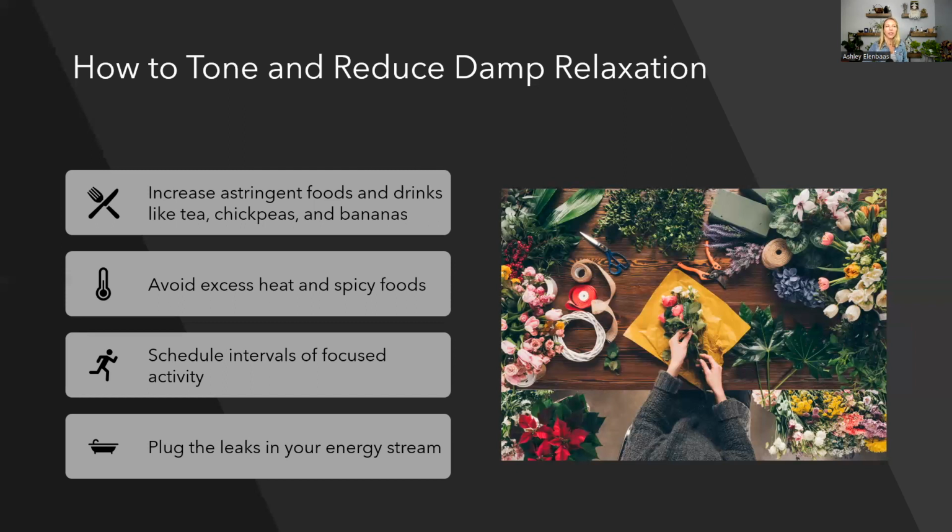So for damp relaxation, this is also kind of a vata type of predicament where there is just a lot of energy flowing, a lot of leakiness. I also think of this as sort of like a Pisces place too. Pisces can often fall into both damp relaxation and damp constriction or stagnation.